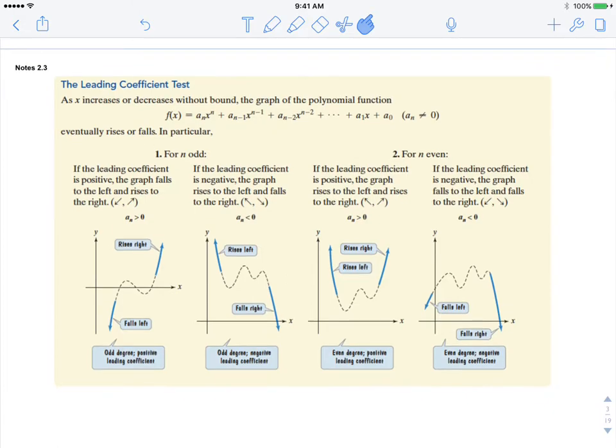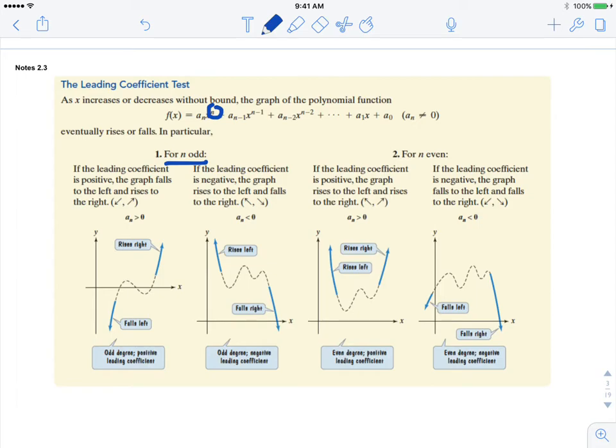All right, this is called the leading coefficient test. It identifies the end behavior of your graph. So the first thing we want to look at is the degree of the polynomial. If the degree is odd, you're going to have two different situations.